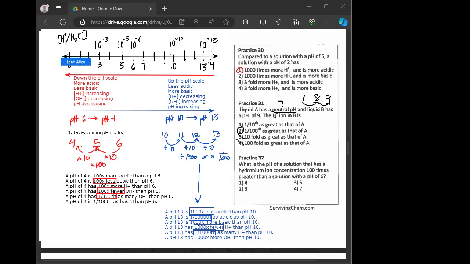So for number 32, it's going to be one. Yes. Okay, perfect.